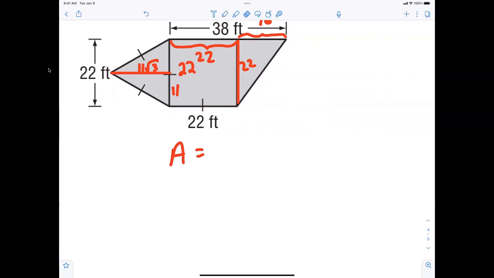Come on, guys, I need some help. I got 660 plus 242 radical 3 square. Say it again. 660 plus 242 radical 3. I got that.